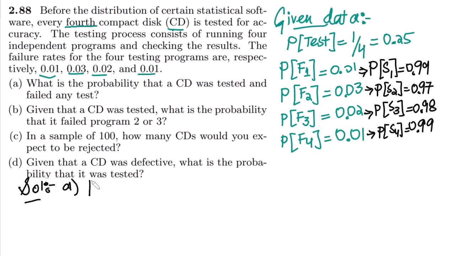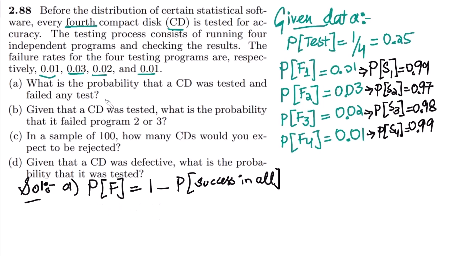So the probability of a failure of any test is equal to 1 minus the probability of success in all tests. Okay, so it has to be successful in all tests. If it is not, the complement of it has to be calculated by subtracting it from 1. So this would be the solution of part A.